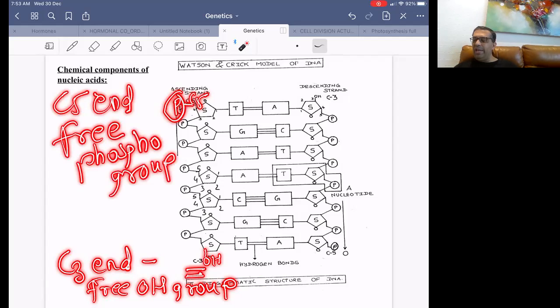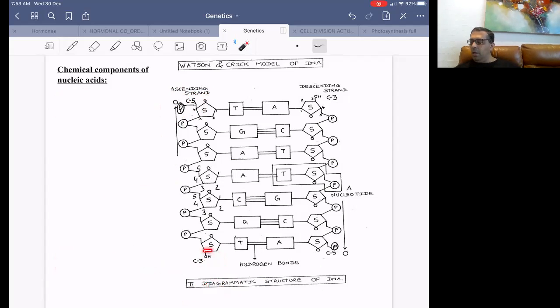And at the third carbon, sorry, we have a free hydroxyl group, and that will be called the C3 end. A free phosphate at the C5 end, a free hydroxyl at the C3 end. So these are the two ends.